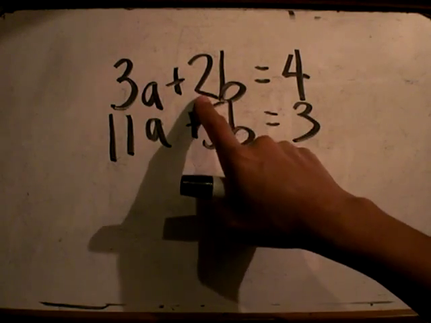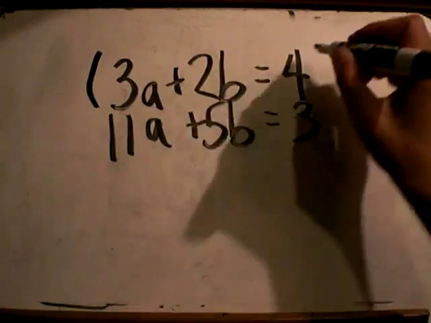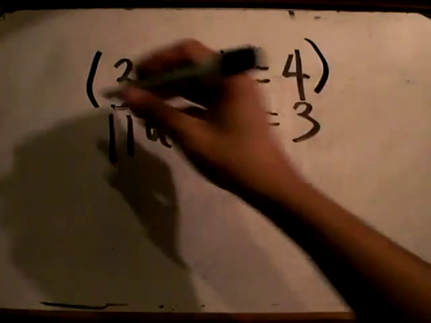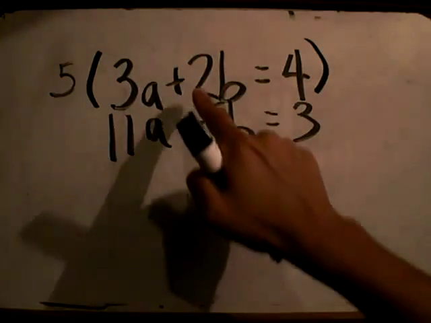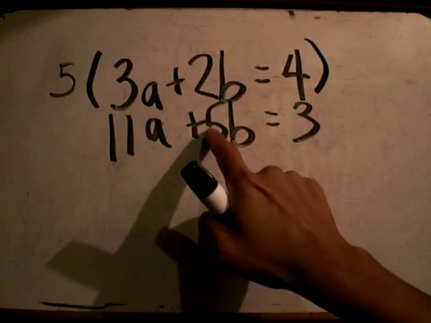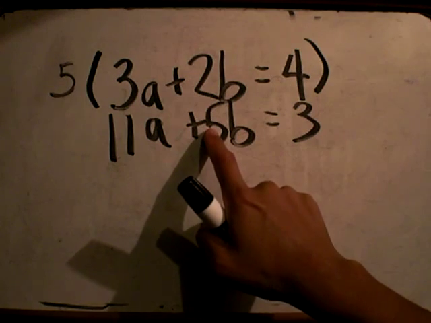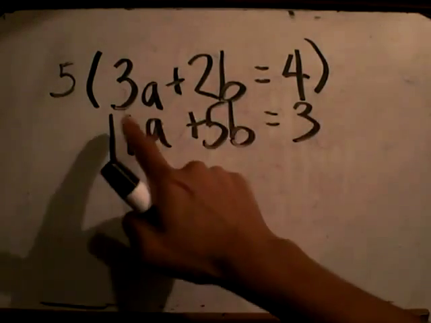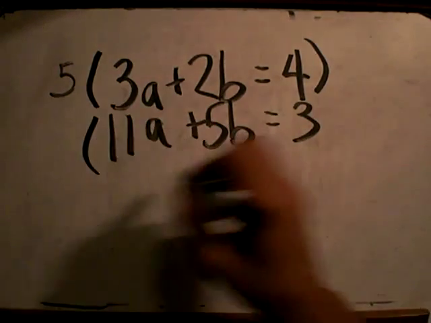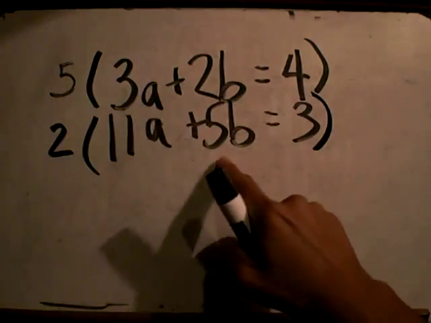We have to multiply it by 5. So we're going to multiply this entire equation by 5 so we can make this a 10. And in this case, we would have to multiply this entire equation by 2 to make this a 10.